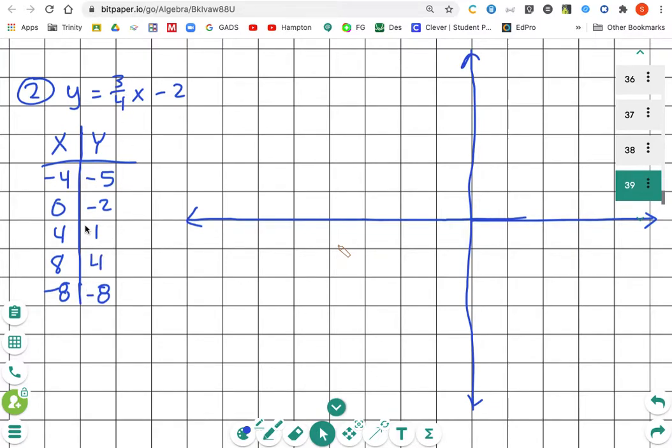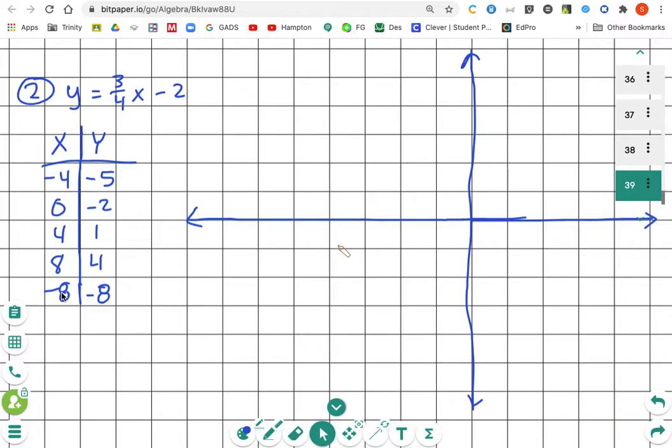And 3/4 times 8 minus 2 is going to give you 4. And then, of course, I want to have 5 ordered pairs. So I'm looking for a pattern here. You'll see that I see a 0, a -4 and a +4, and a +8. So I want to know, what does my graph do when x is -8?